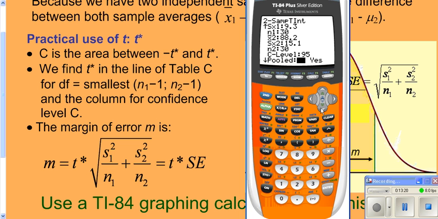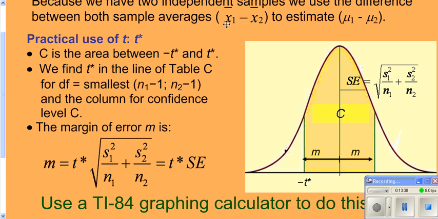Once again, you never pool, and then we can calculate this, and then it gives you your two sample confidence interval here. That's how we will typically do this. But if you want to do it by hand, you do the differences in your two means, and then you go plus or minus your margin of error with this formula here.